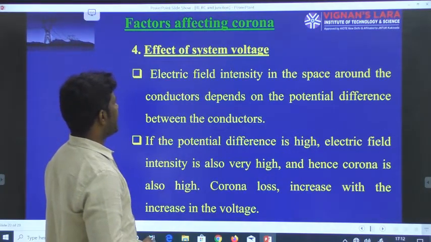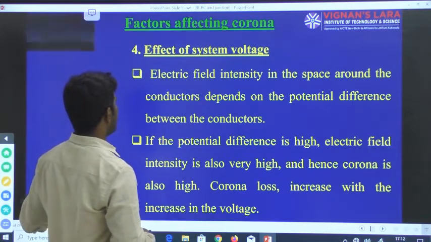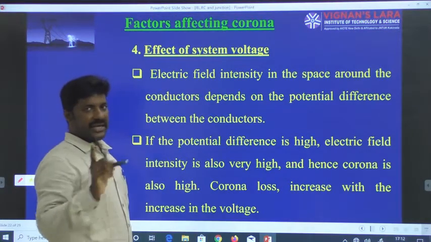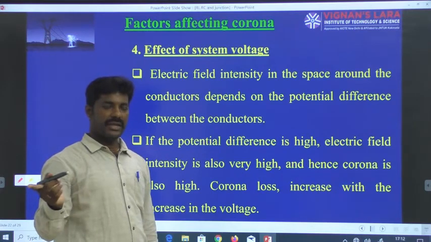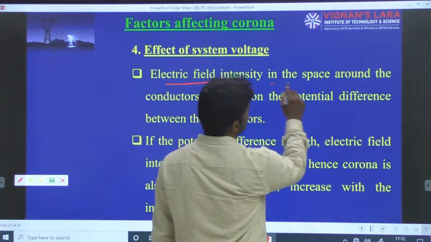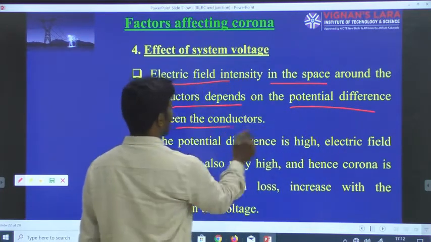And the fourth one is the effect of the supply or system voltage. Mainly the corona depends upon the electric field intensity, where the air starts ionizing. The electric field intensity in the space around the conductors depends on the potential difference between the conductors.